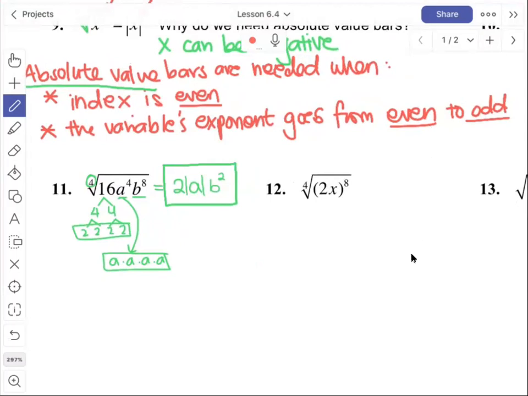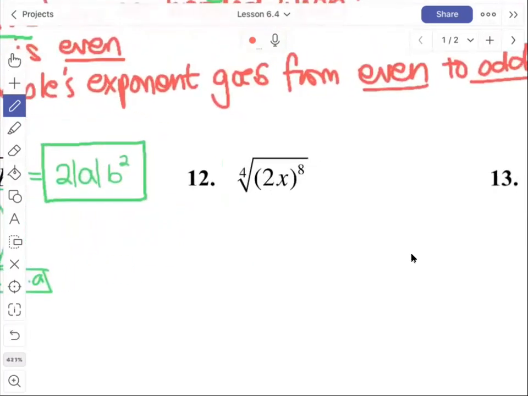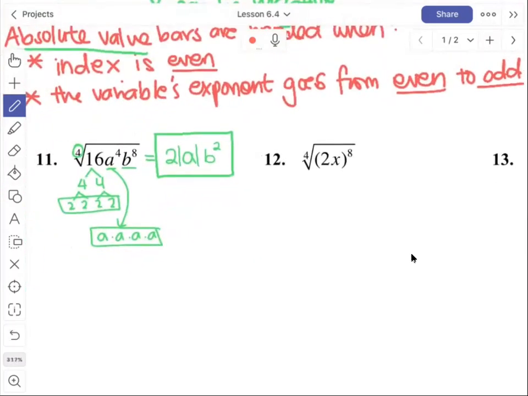All right. Let me have you guys keep trying. Let's do this next one. So number 12. Number 12, we got the 4th root of parentheses 2x to the 8th. Now, sometimes I think students will want to simplify this and do 2 to the 8th, x to the 8th. I think there's an easier way. Actually do the exponents first.